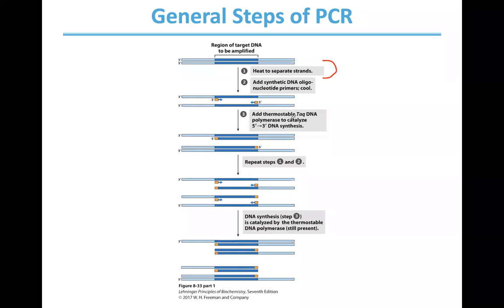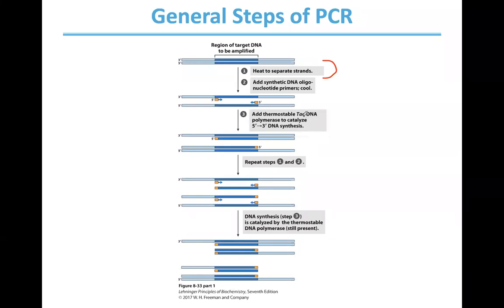Right. Then you add thermostable Taq DNA polymerase. So it's from an organism that lives near thermal vents, and which basically lives at temperatures around 100 degrees Celsius. And so obviously it utilizes enzymes which do not undergo denaturation at 100 degrees Celsius, right?